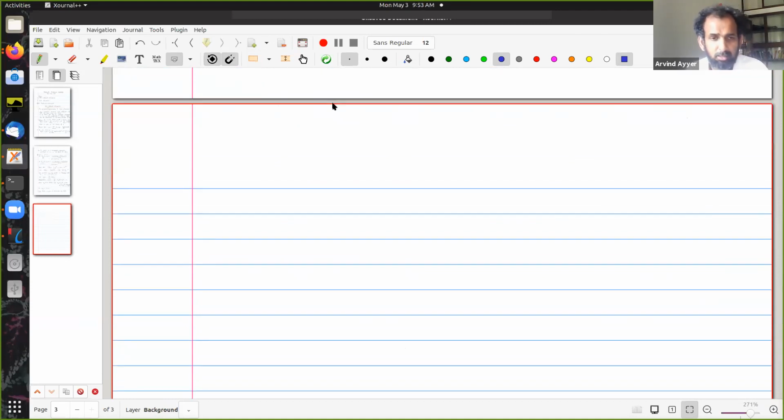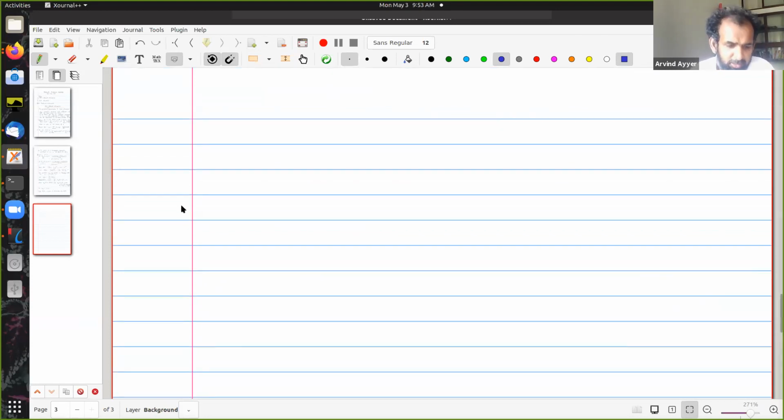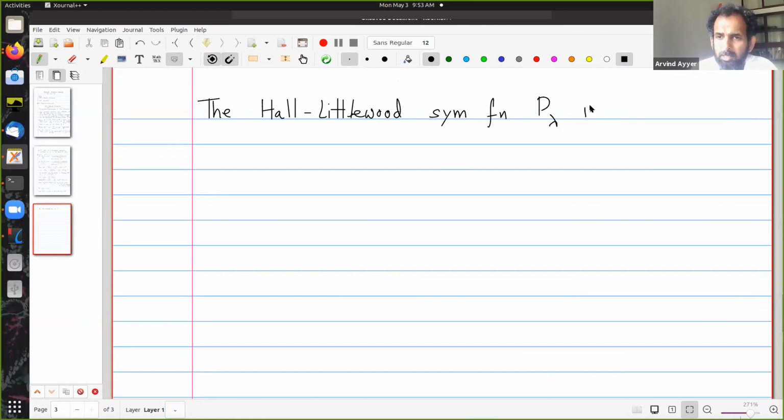Okay, and that is going to motivate our definition of the first Hall-Littlewood symmetric function. So the Hall-Littlewood symmetric function, or polynomial, P lambda, is defined as P lambda of x1 up to xn, t.